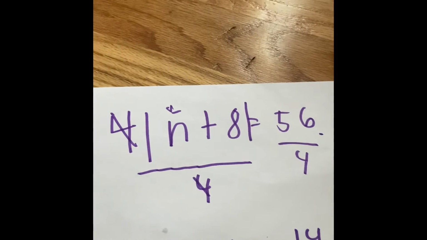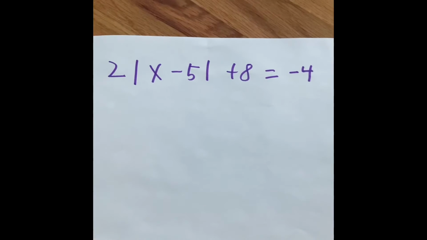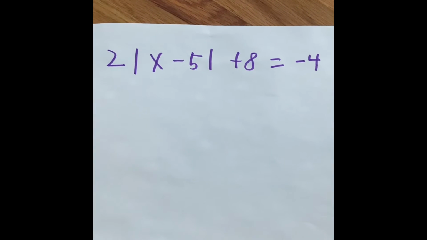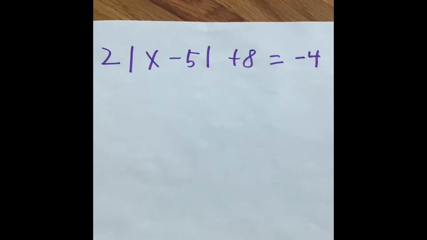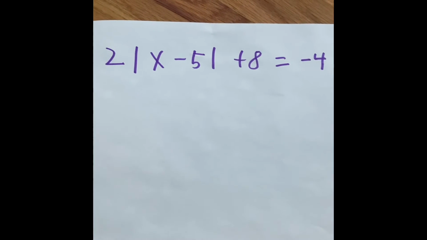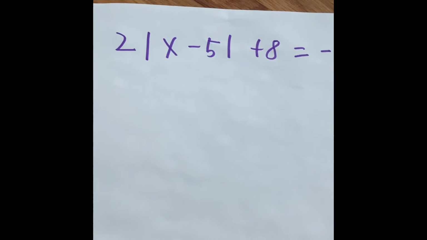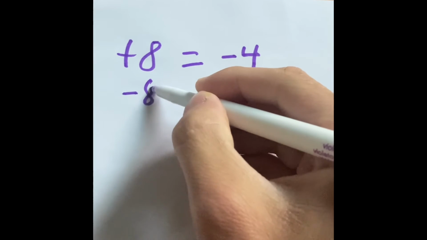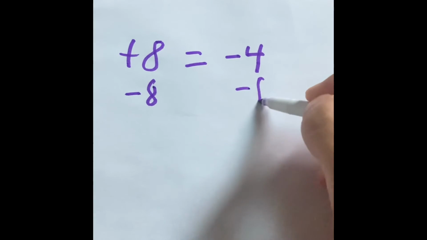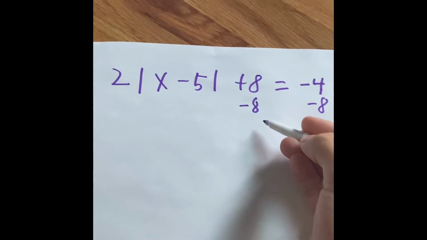But what happens if you come across a scenario that looks like this kind of problem? We're going to get a very strange answer when we try to simplify this. We subtract 8 from this side and subtract 8 from that side, because we're using SPE.